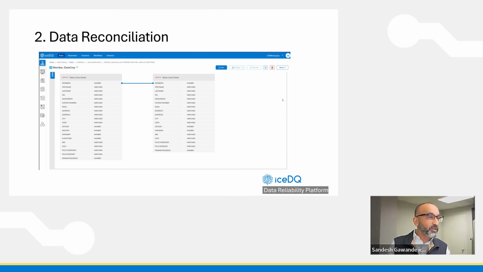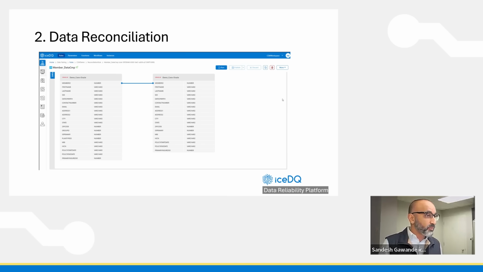And how do you test this? For example, if you look here, in the source system I have the members data. All the systems are here, the table is here. On the right hand side, there is a new database that I have. And I am saying, take the data from here and compare all the data that is on the right hand side.